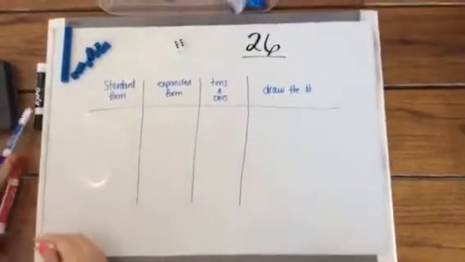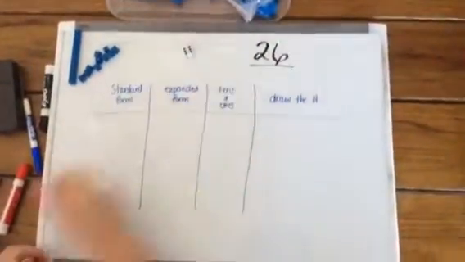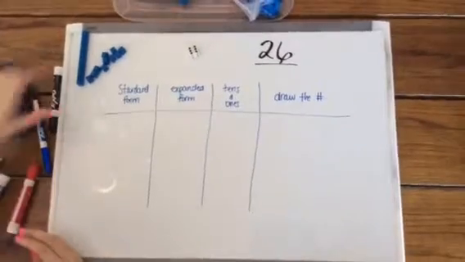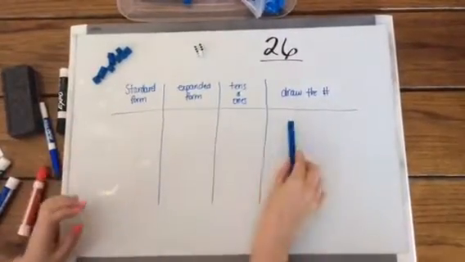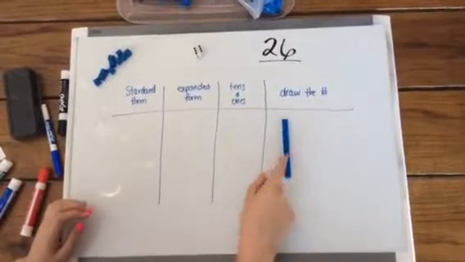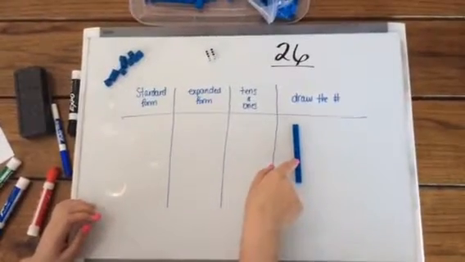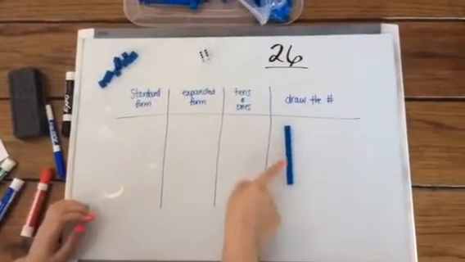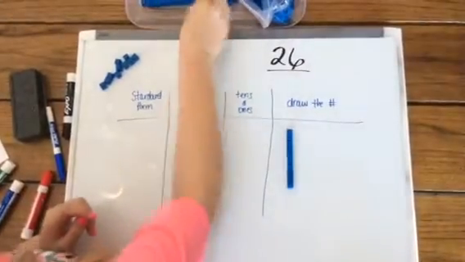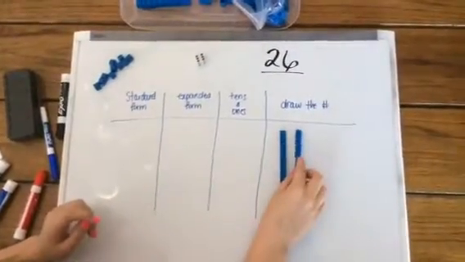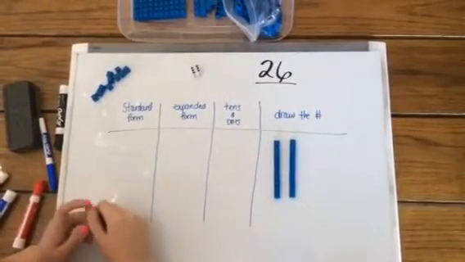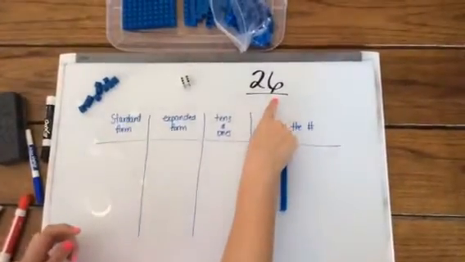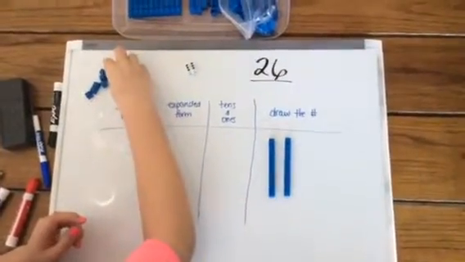So the number we got is 26 by rolling the die. We are going to draw that using the base 10 blocks. So I have one rod, now 2 rods to equal 2. And I need 6 units for the ones.